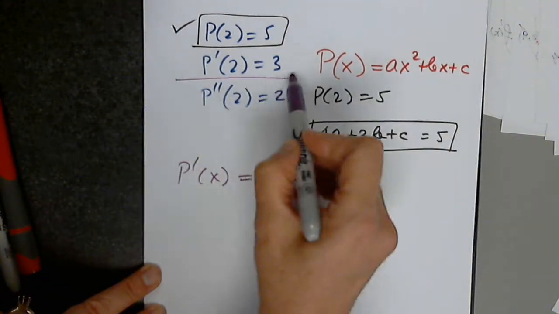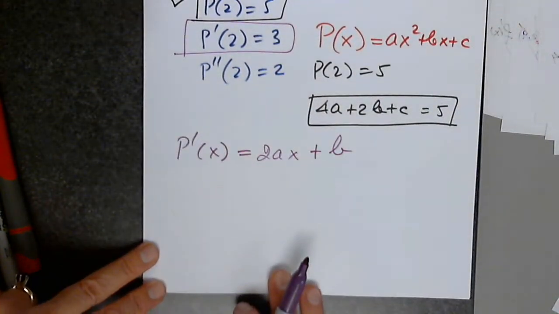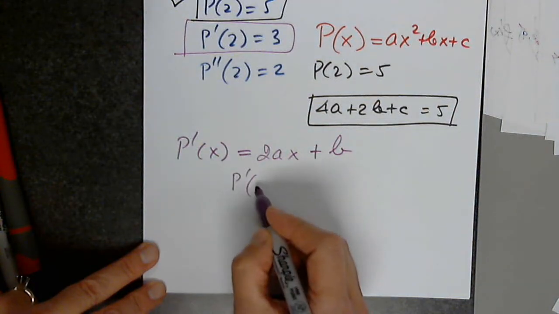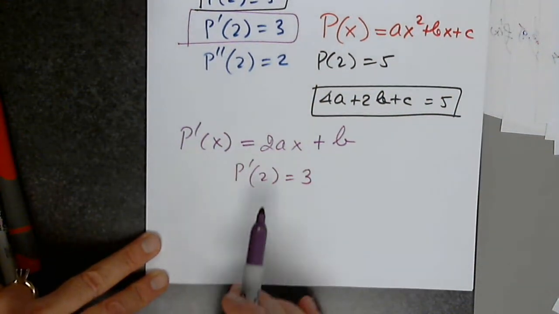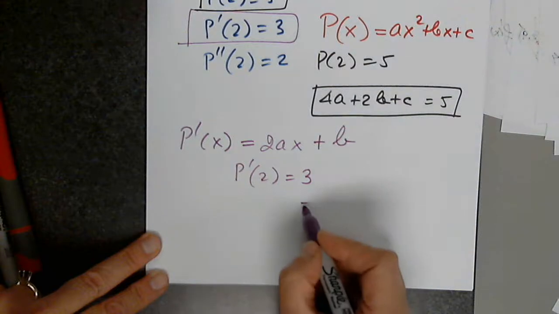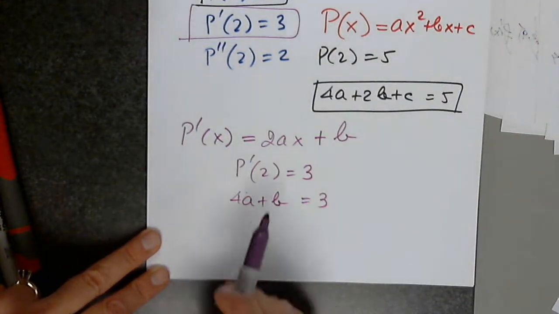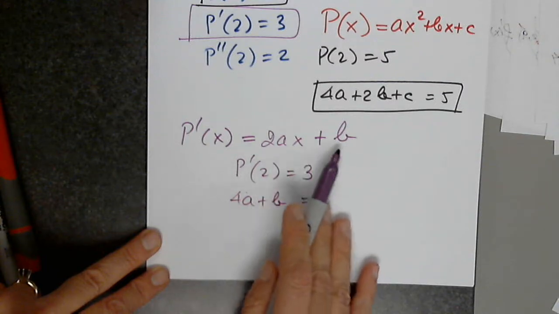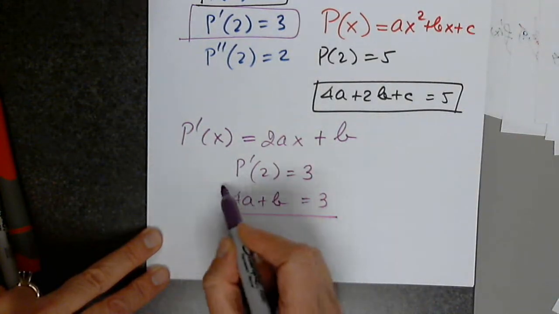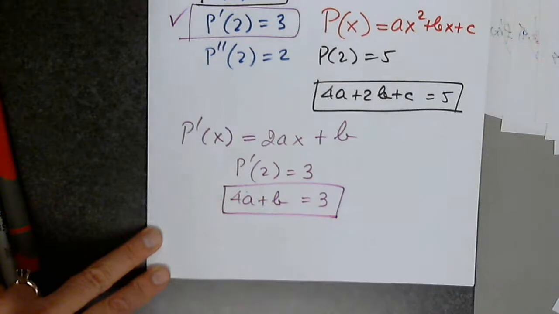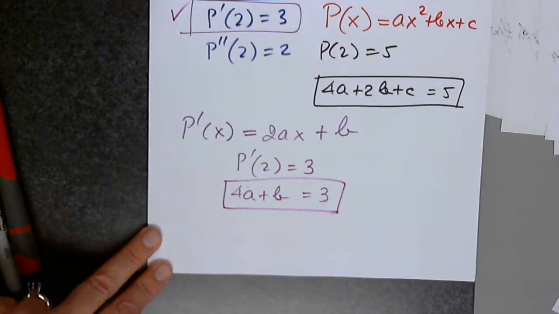Indeed. And now this will give me the second equation. It says that p prime of 2 is 3. Let's plug in 2. So this is 4a plus b. This is my second equation coming from the second condition that I was given.